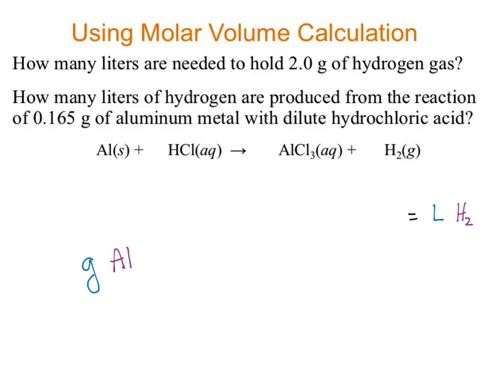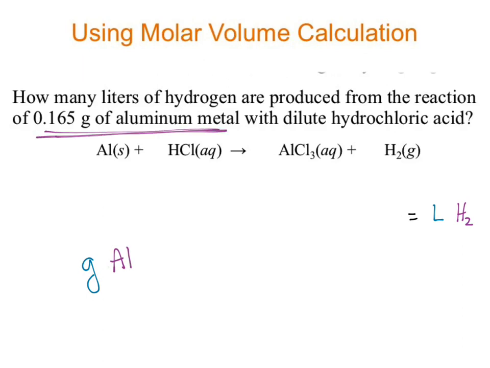Is that top one getting in the way? That's just given information. What's the numerical value given with that? 0.165. So we have our left and right.